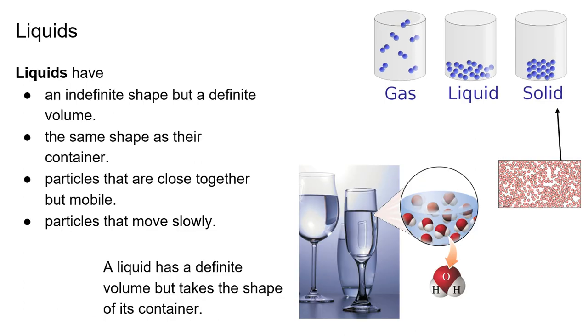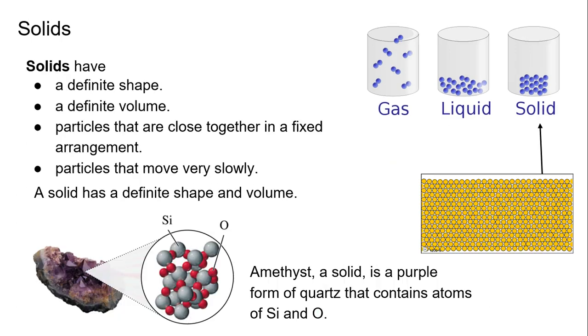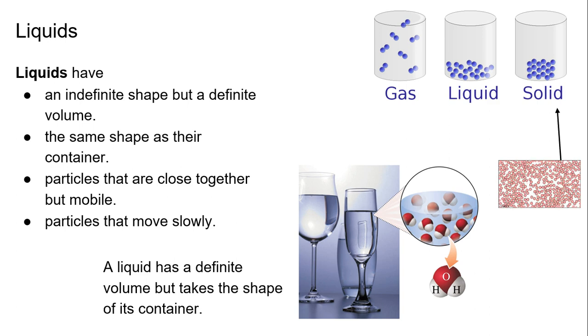Liquids, on the other hand, they have an indefinite shape, but a definite volume. Indefinite shape? It has a shape that takes the volume of whatever the container is. Let me fix that, because I realize I have it saying definite shape here and then indefinite shape up there.